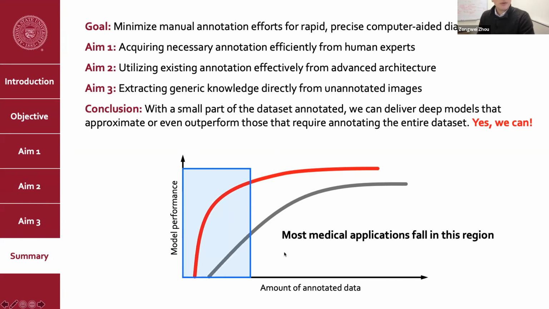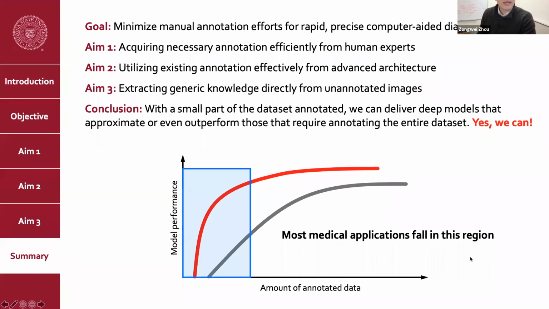So this research direction is very promising, exciting, and significant, particularly for the medical imaging domain. Because of the difficulty of annotating medical images, it's not easy to collect millions of annotations for most medical specialties.